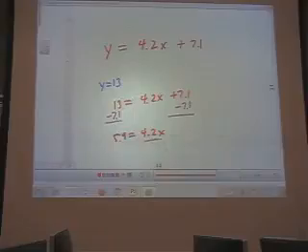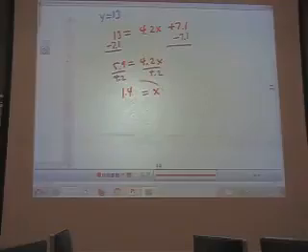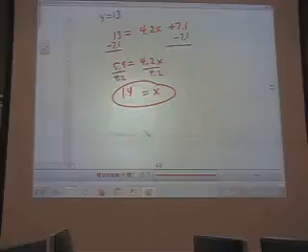Divide by 4.2. So then you end up with x equals 5.9 divided by 4.2, which is about 1.4. Good? Everybody on board? Yeah.